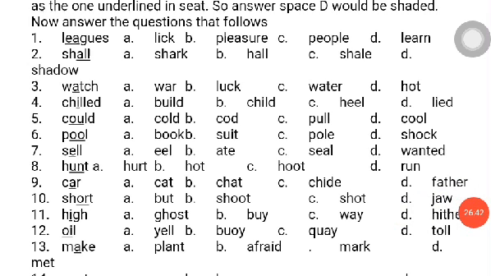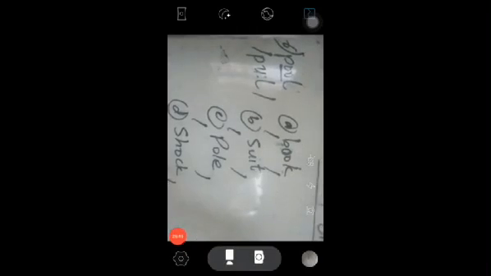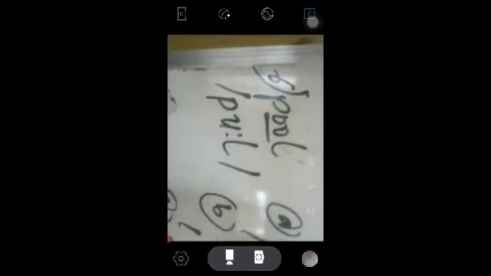So here we go. Ladies and gentlemen, here we are again looking for our answers, and we can see the word P-O-O-L right here. We have the long oo sound there, so the sound we're looking for is the oo sound.